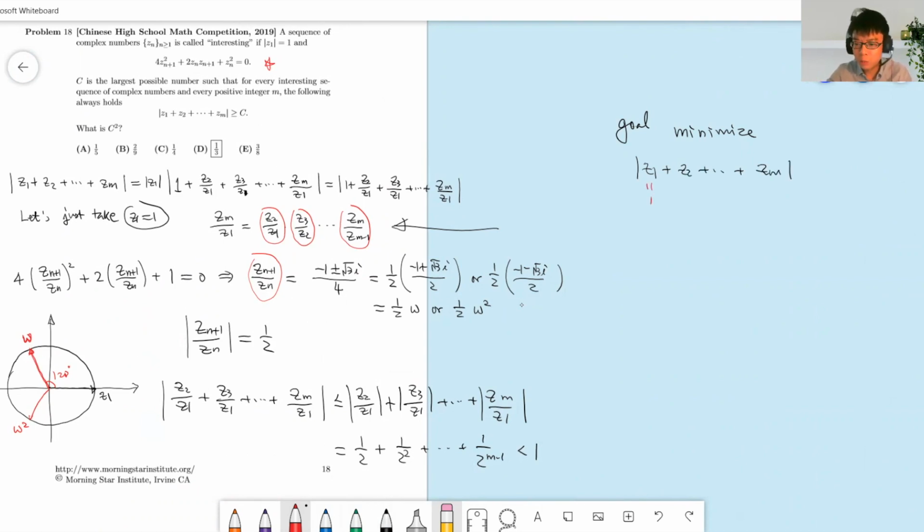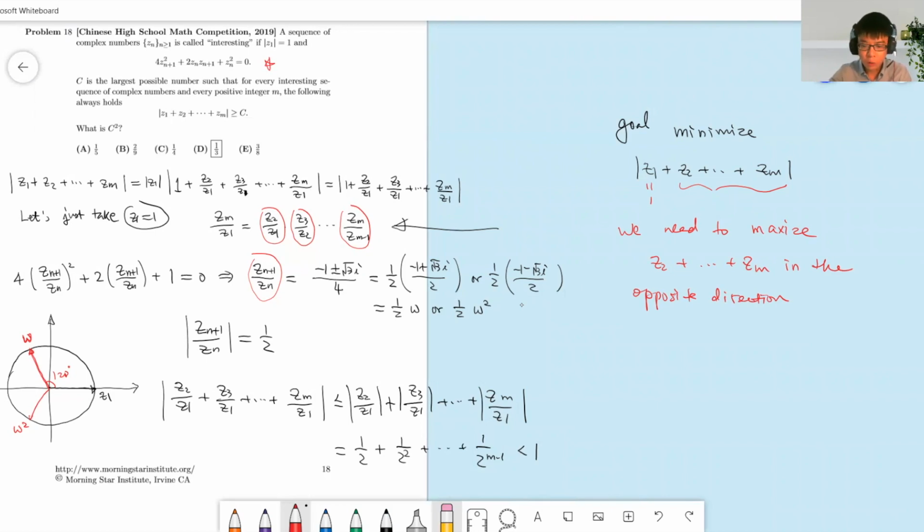To minimize this, we try to maximize the later terms in the opposite direction, so they cancel the real part and minimize the whole modulus.